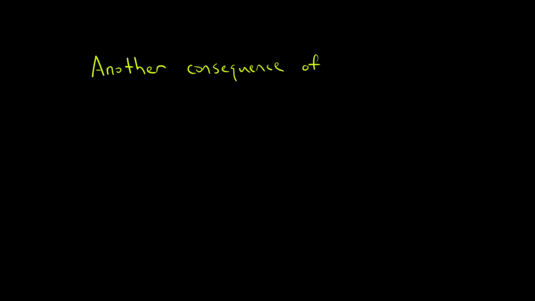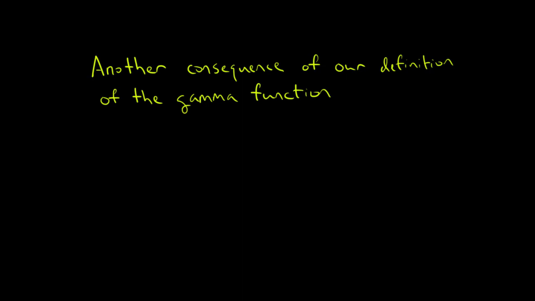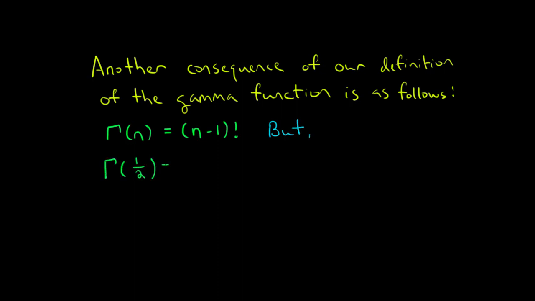Another consequence of our definition of the gamma function is as follows. We have gamma of n equals n minus 1 factorial, but we just showed gamma of 1/2 equals the square root of pi.